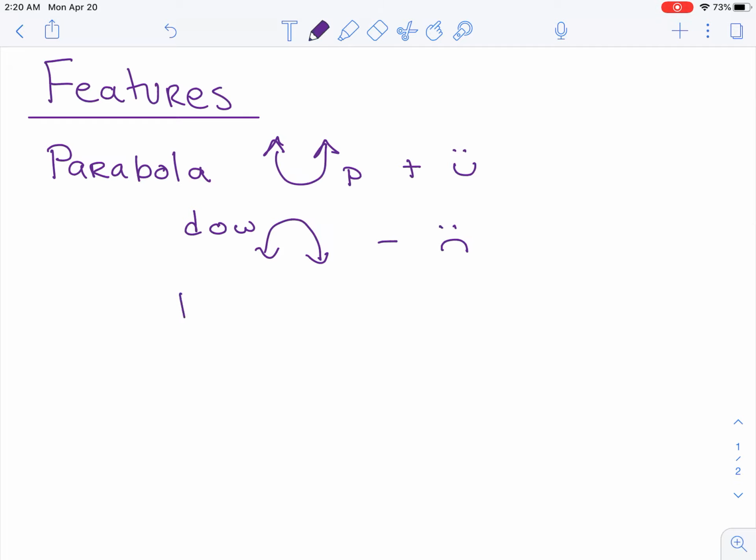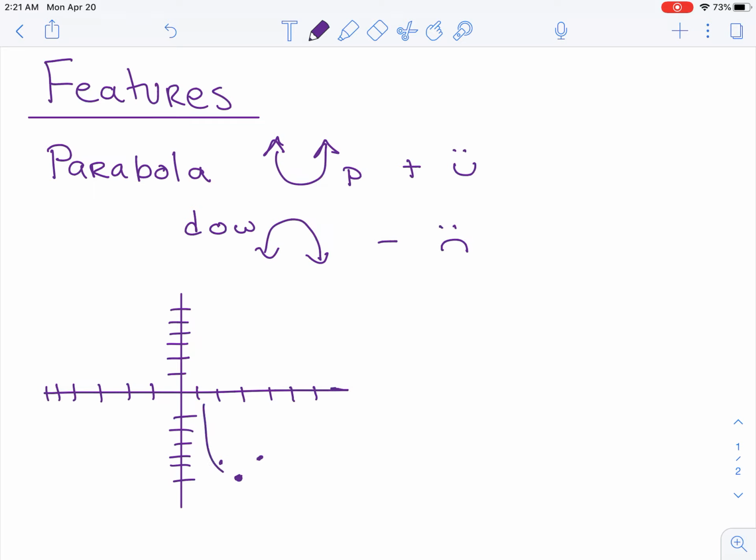Okay. We know that a parabola happens on a graph. And so if I gave you a point right here, and gave you this U shape, there's a couple of places that are important.